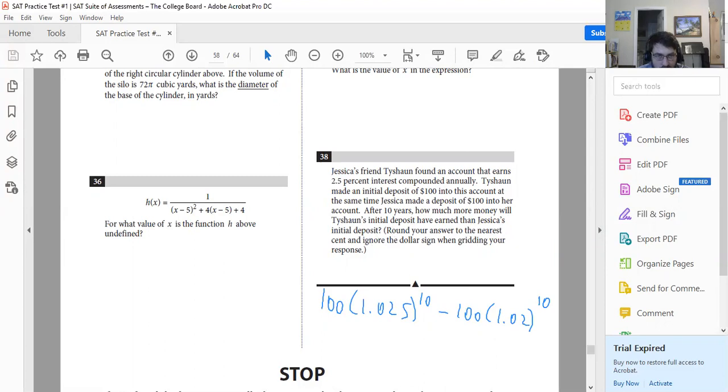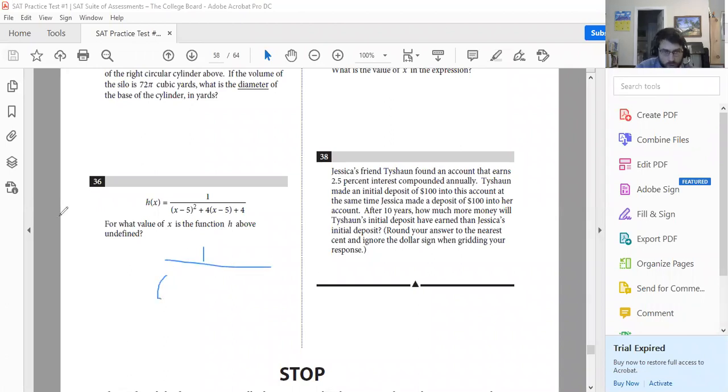And since I've got the calculator up, let's show you what that other graph looked like. Let me rewrite this equation so it's easier for me to copy: x minus 5 squared plus 4 times x minus 5 plus 4.